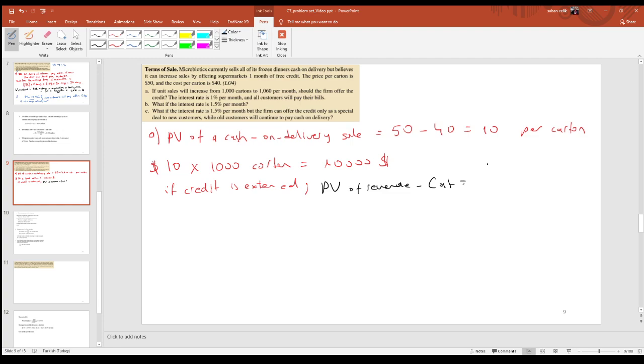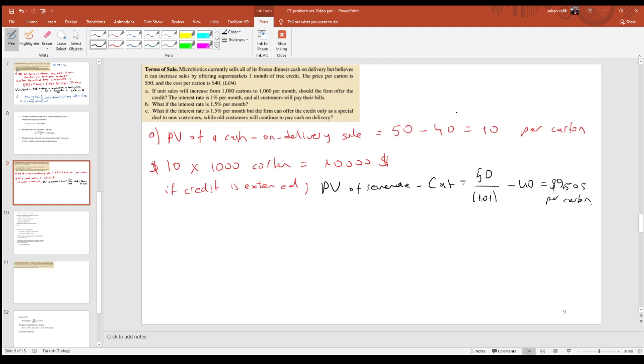So this is going to be, well, now you are going to receive $50 at the end of 1 month. So the monthly interest rate is 1%. So you need to discount this 50 to the present. Minus $40 cost, this is going to equal $9.505 per carton.